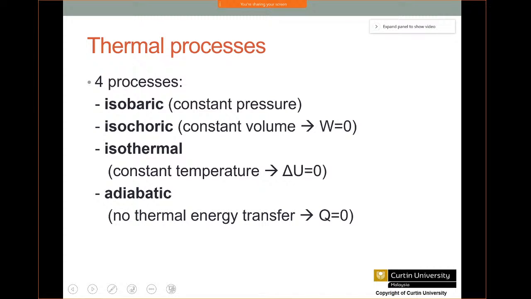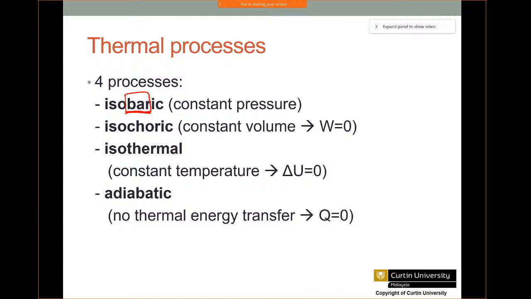Okay, look at the four thermal processes. In thermodynamic processes, these are the four common processes involved. We have isobaric, which comes from the word bar. Bar is actually a unit for pressure measurement, just like your Pascal and your ATM.